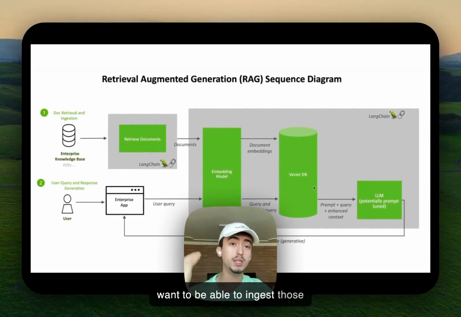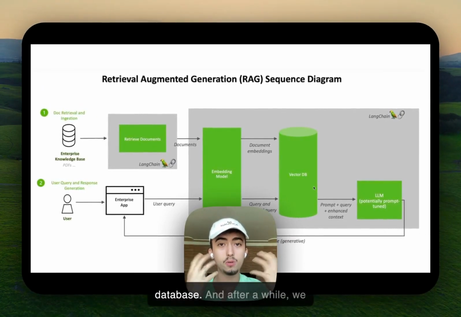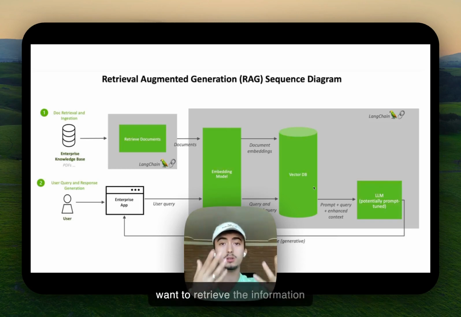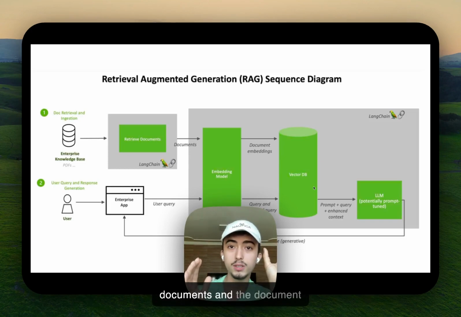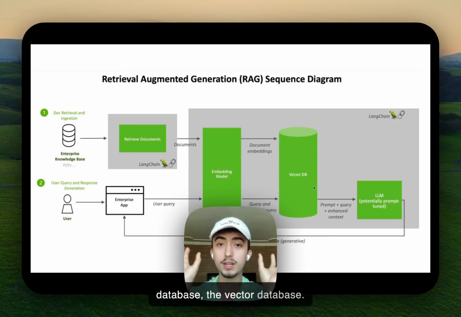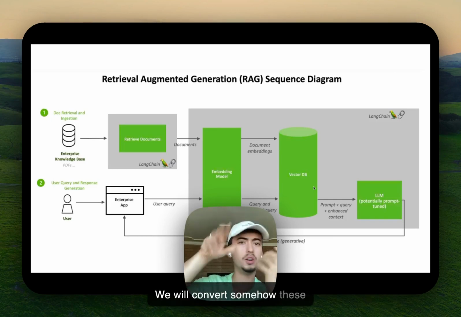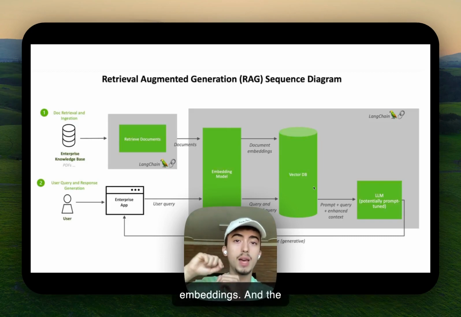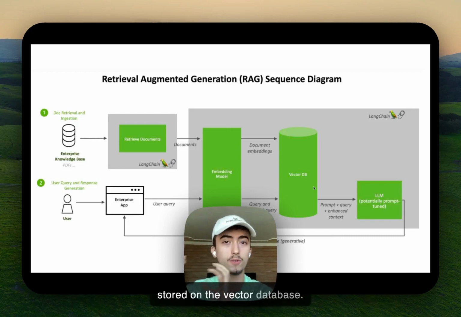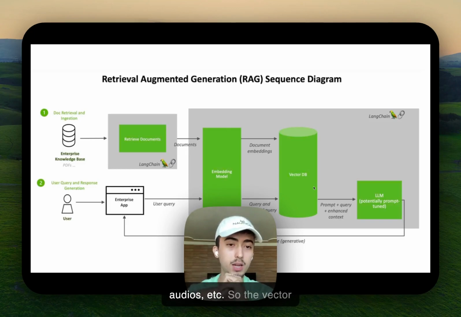We want to be able to ingest those documents inside our database. And after a while, we want to retrieve the information from those documents. But first, these documents have to be converted to embeddings. So we want to have an embedding model between the documents and the document database, the vector database. We will convert somehow these documents to text, and this text will be converted to embeddings, and the embeddings are going to be stored on the vector database. The same goes for images, audios, etc.